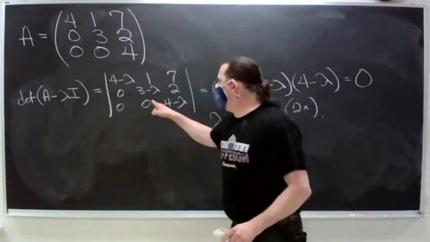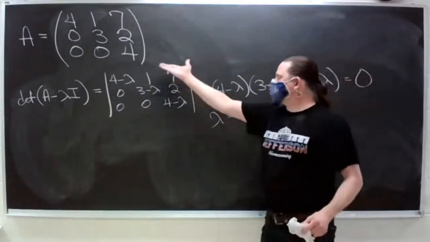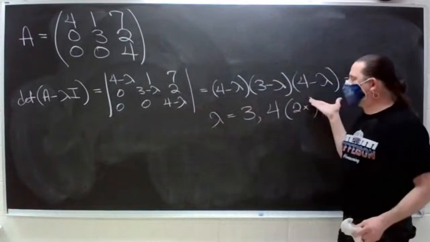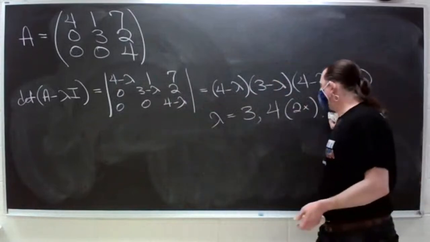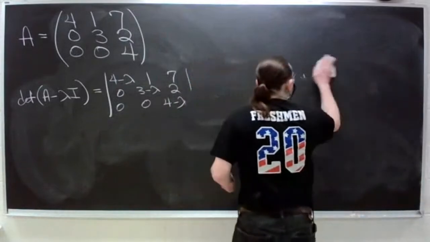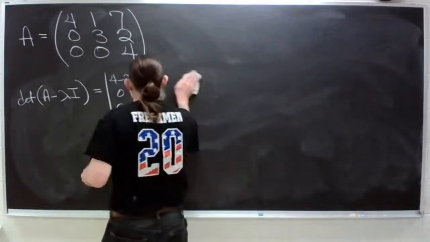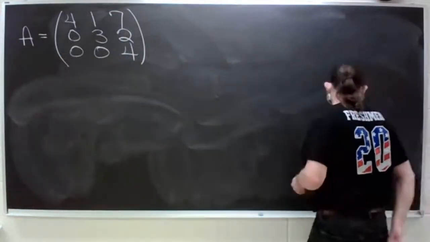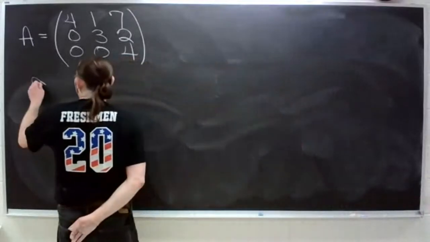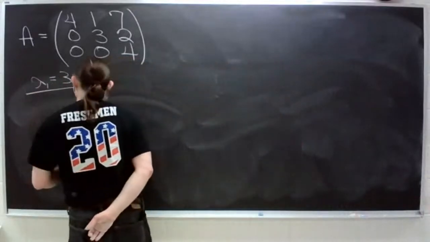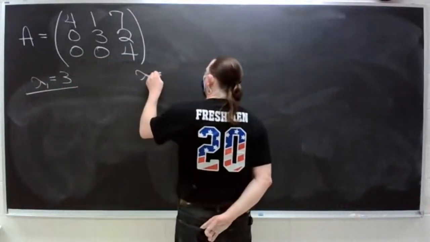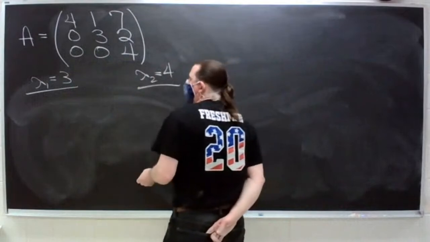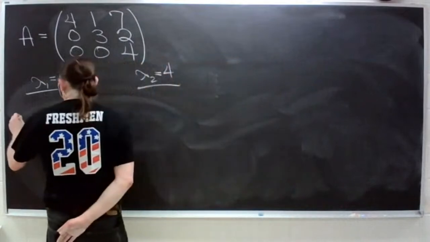It's very easy to see why it's true, because that was what we used in order to take the determinant here. So I'm going to say lambda equals 3 and lambda equals 4. All right, 3.